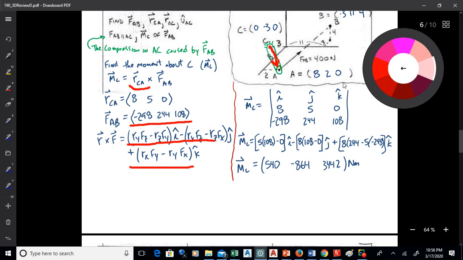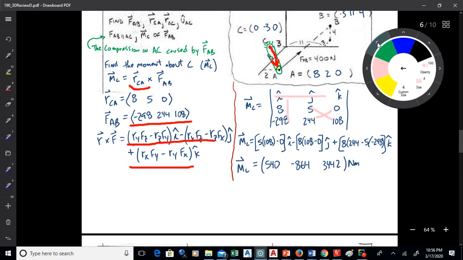So you'd start by taking out the top row, first column, and crossing what's left. 5 times 108 minus 0 times 244. Then what you would do is you would cross off or take out the top row, middle column, cross what's left. So that's 8 times 108 minus 0 times negative 298. There's a negative sign in front of the j component there.